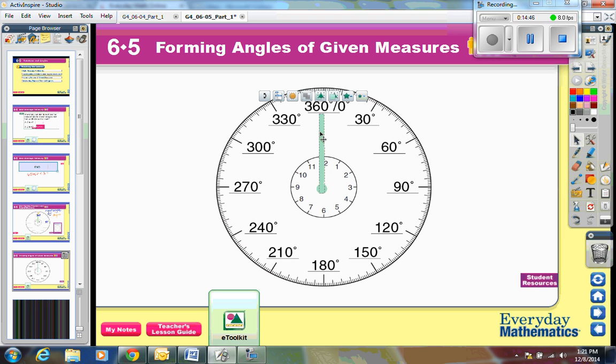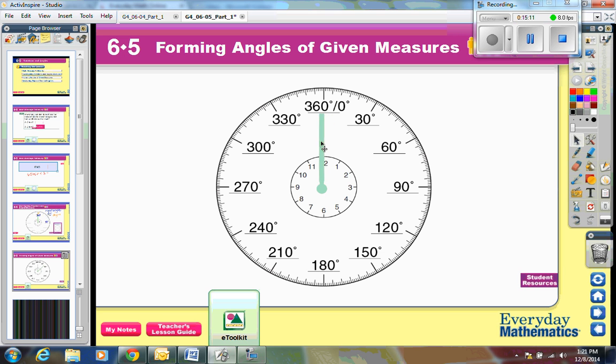It's right in between 30 degrees and 60 degrees. If our long mark is 30 degrees, each of the individual marks is 5, so 35, 40, 45, a 45-degree angle.